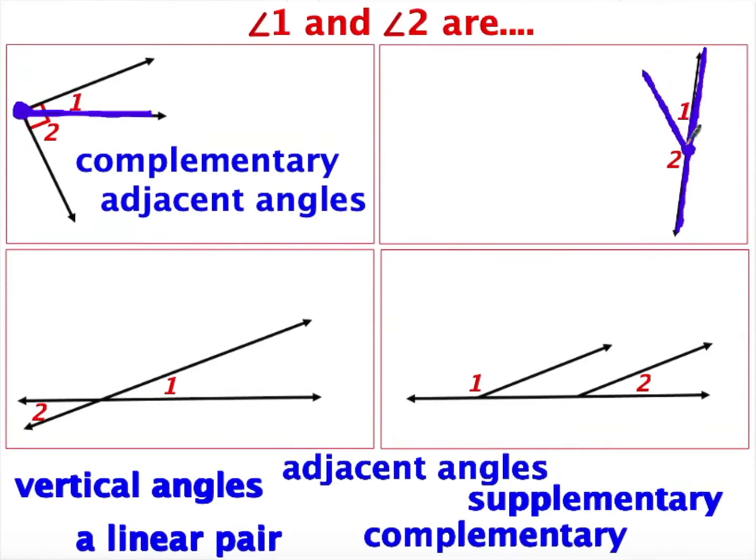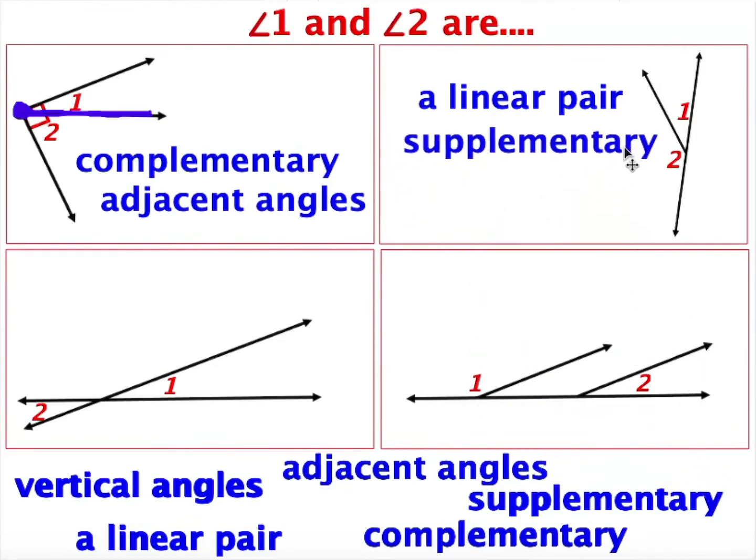They're adjacent angles that make a straight line altogether, a straight angle altogether. So that is a classic picture of a linear pair. And I don't know if you've thought of this yet, but if we added up the measure of those two angles, wouldn't it have to equal that straight angle? It would have to equal 180 degrees, which makes all linear pairs supplementary. Fun fact.